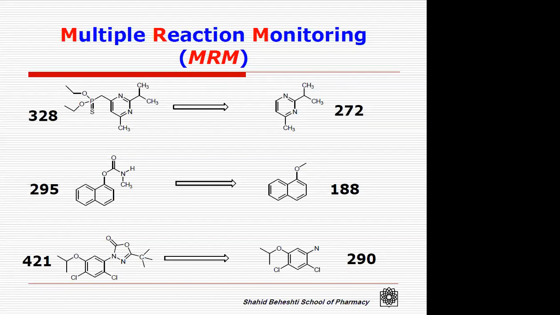What I'm trying to get across by this slide is that the mass spectrometer is able to monitor different ion transitions at the same time, without getting them mixed up with each other, and generating a signal specific for each one of these compounds. That means the mass spectrometer is able to monitor all these three compounds separate from each other, but at the same time.